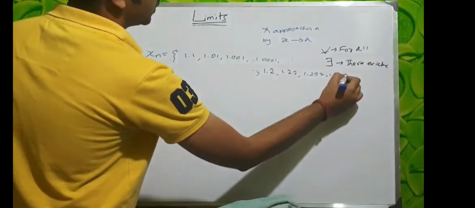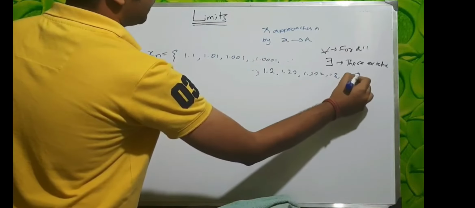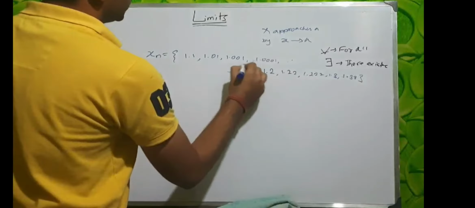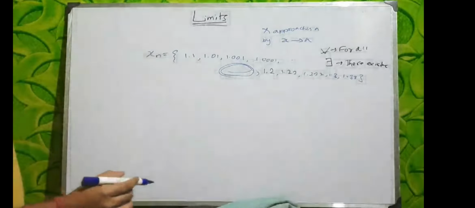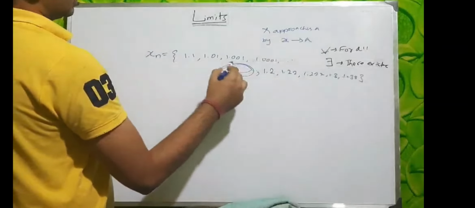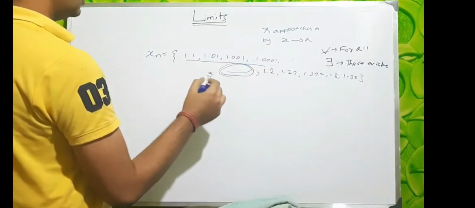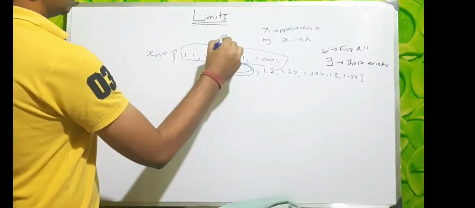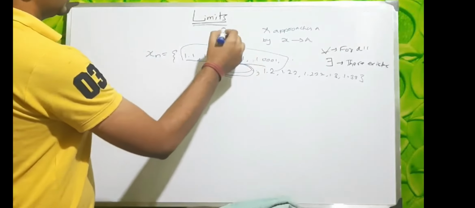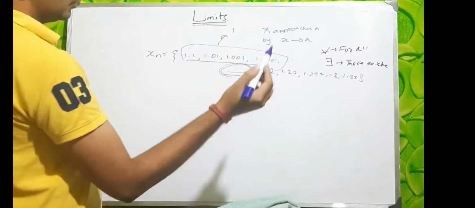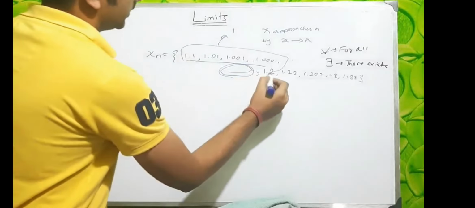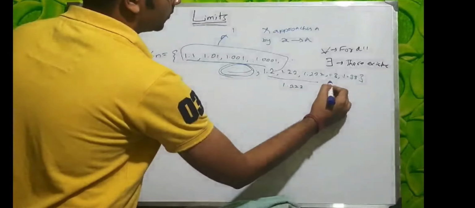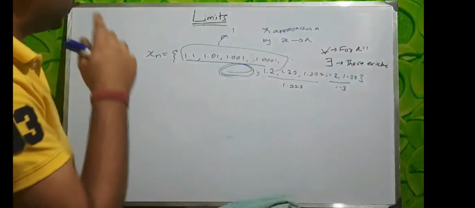Why am I doing this? You see there are many terms in between. I am not interested in those, but I can see that this sequence isn't approaching any number. If you said it approaches 1, someone would again say it's approaching 1.222, and also 1.3, so that isn't correct, right?